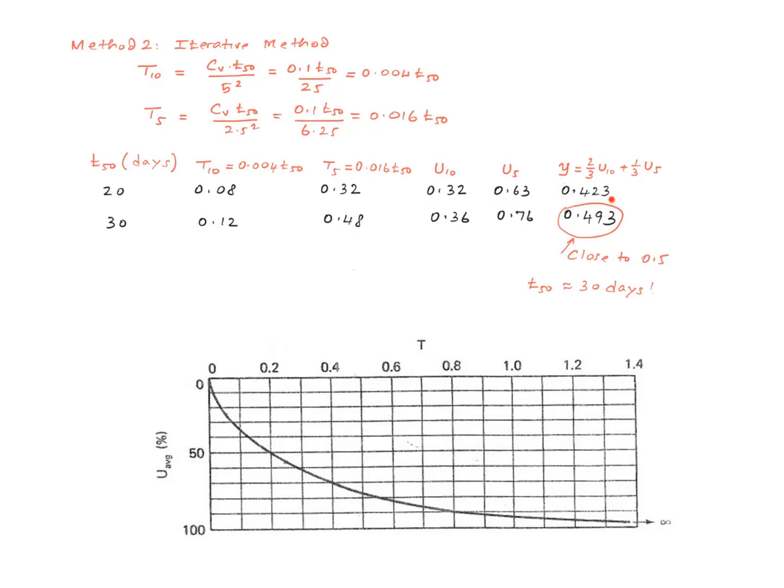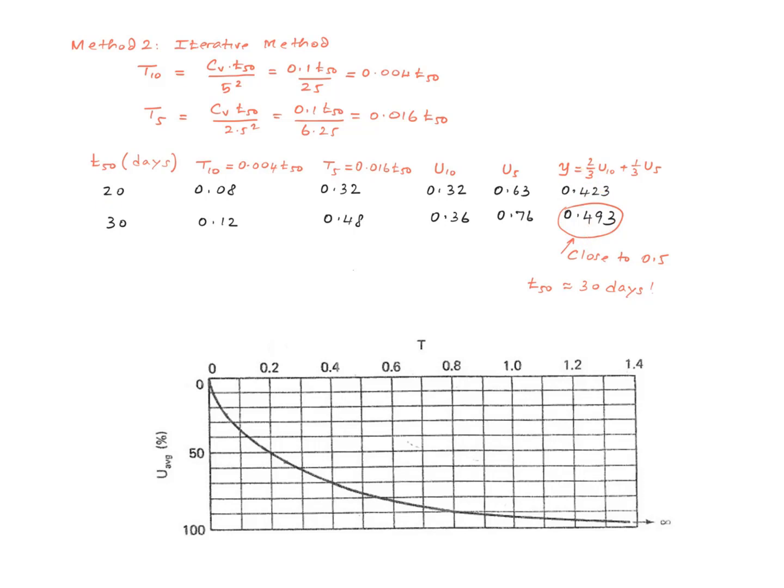From that, I'm going to find 2/3 of U10 plus 1/3 of U5, which we will call Y for now. We know Y is supposed to be 0.5, right? So the idea here is that you try different values for t50 and see if you get a value of 0.5 in the last column here.